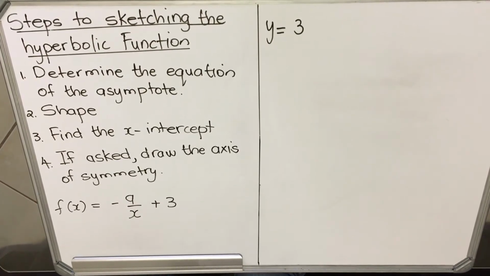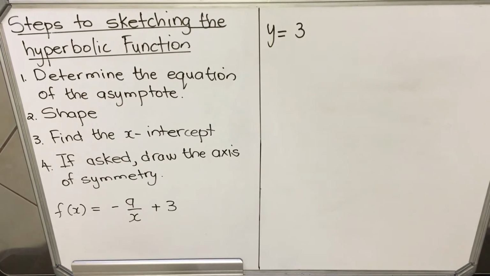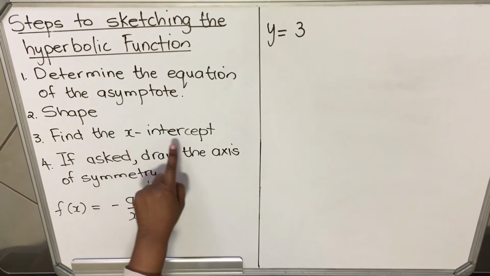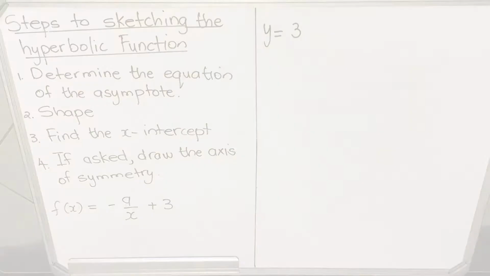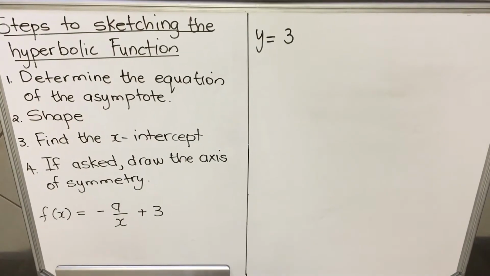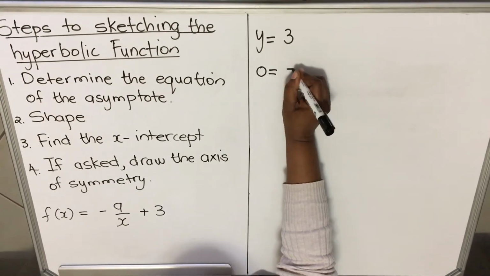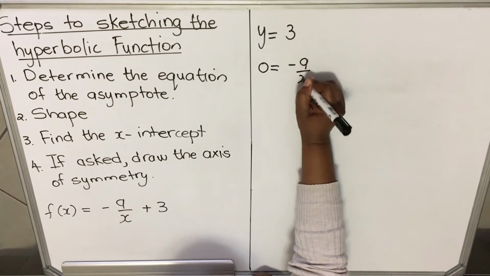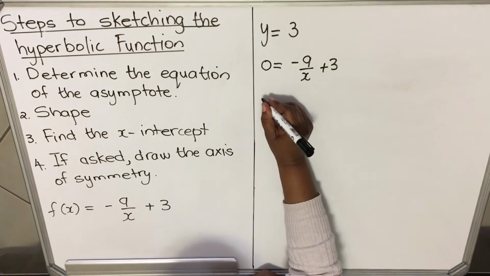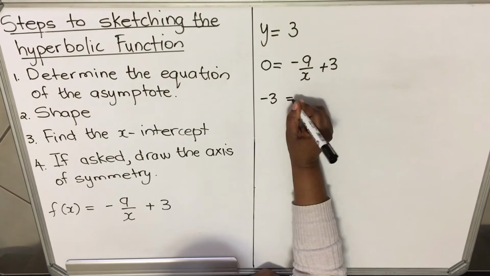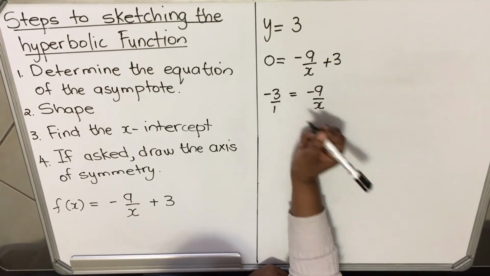Okay, and then the third one, we're going to find the x-intercept. With all the functions, everything is always the same. When you find the x-intercept, you let your y be 0. Let's do that. f of x is the same as y, so we're going to have 0 equals minus 9 over x plus 3. We're going to take the 3 to the other side. Negative 3 equals negative 9 over x. Then this will be divided by 1.